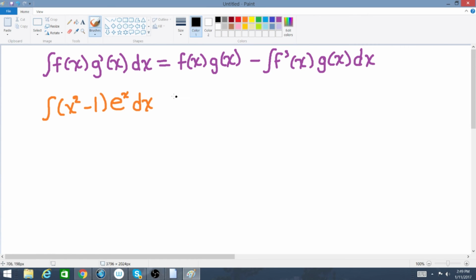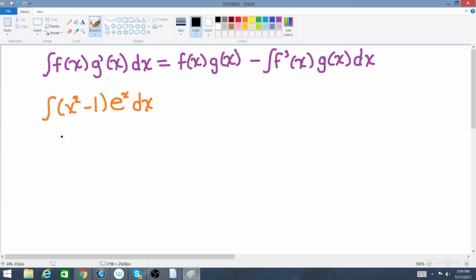So let's look at the integral. We have x squared minus 1. If we find the derivative of that, we get 2x, which is simpler, therefore we can assign this to be f of x. If we look at e to the x, if we find the antiderivative of that, we again get e to the x, which isn't any more complicated, so we can label this g prime of x.